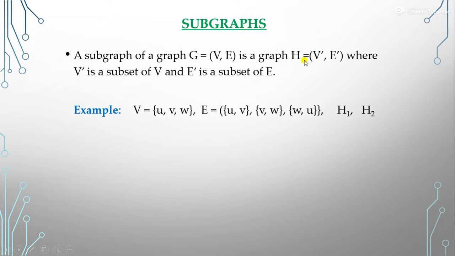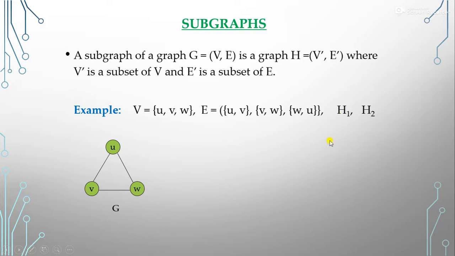So let's take an example. We have the vertices U, V, W and edges UV, VW, WU. So this is our graph G in which we have the three vertices U, V, W and edges UV, VW and WU. Now what is the subgraph?